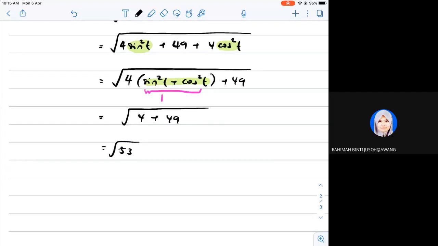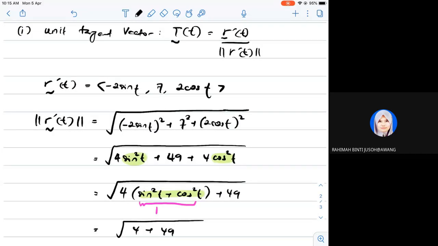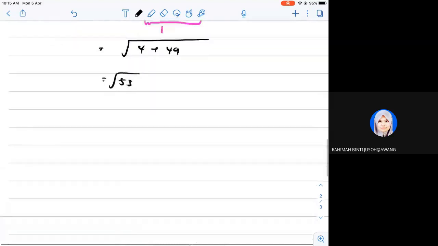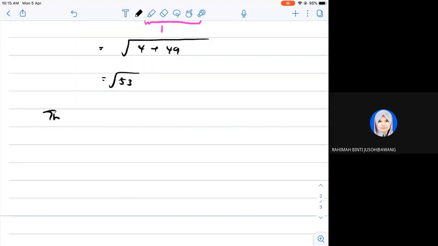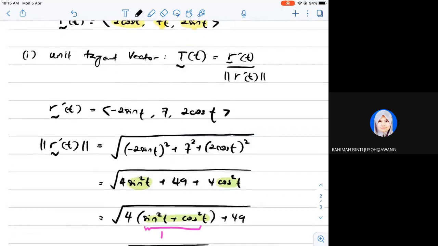Okay, so now we have R prime T, and we have the magnitude of R prime T. So we can have therefore unit tangent vector equals, okay guys, this is 1 over magnitude, isn't it? If you look at the formula, this is 1 over magnitude.